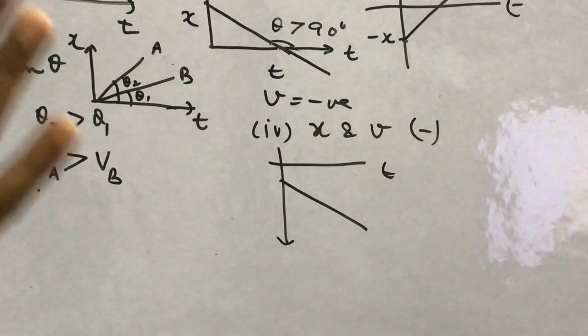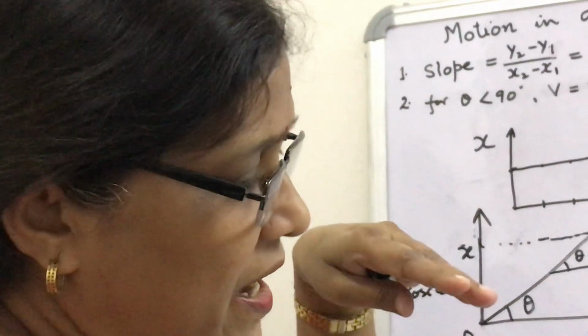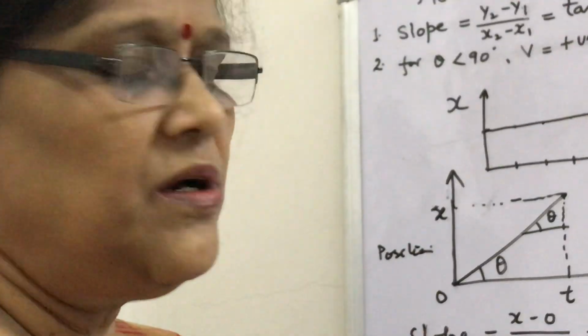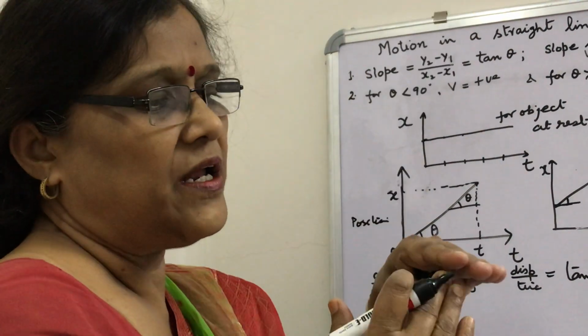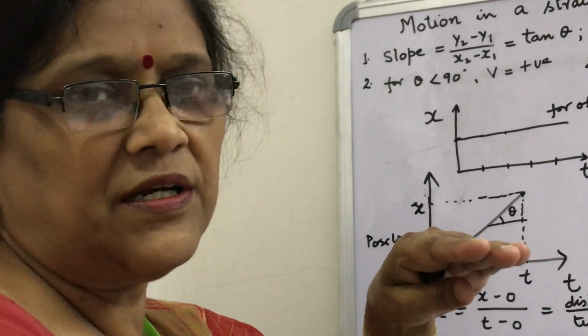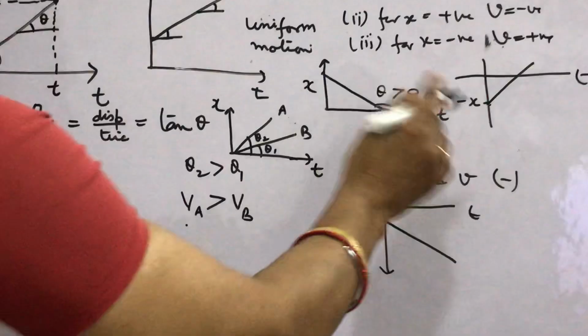So you have to fix yourself that slope is negative, theta more than 90, and x negative as per the axis, positive axis on the 0 to positive side and negative x 0 to negative side. So this is the graph for x and v both negative.